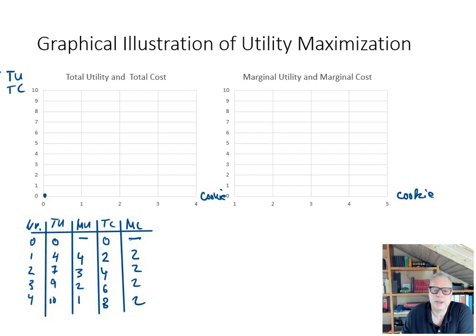So no cookie, no total utility, and then 1 cookie 4, 2 cookies 7, 3 cookies total utility of 9, and 4, 10.